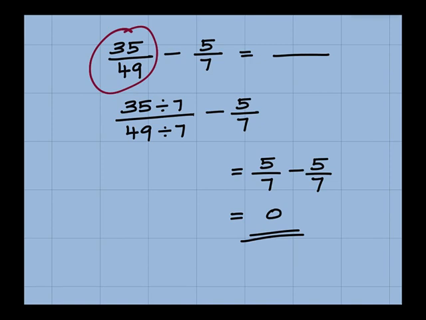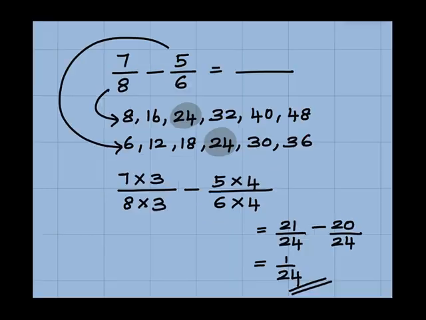So find the multiples of the numerator and denominator. 35 is a multiple of 7, and also 49 is a multiple of 7. So let's divide it and make it a smaller value. So 35 divided by 7 is 5, and 49 divided by 7 is 7. So I got 5/7 minus 5/7. Same fraction minus same fraction, the value is 0.